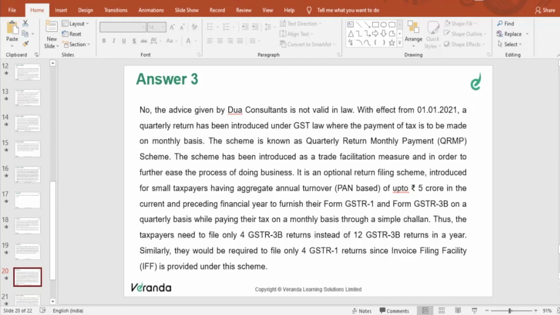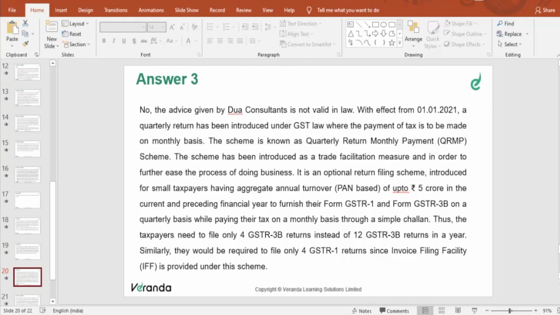In the composition scheme, you cannot choose that in one state you take the composition scheme and in another you go regular. You're not allowed. If you are taking the composition scheme in one state, you're supposed to do it everywhere. If you're doing the normal scheme, then you cannot take the composition scheme anywhere else. Are we all following? Yes, sir.